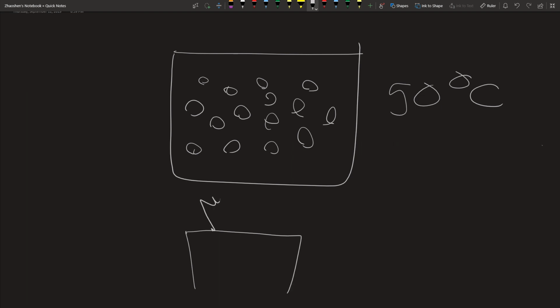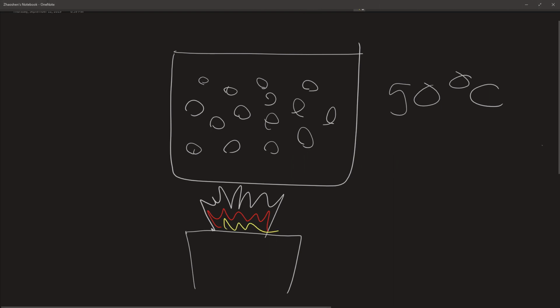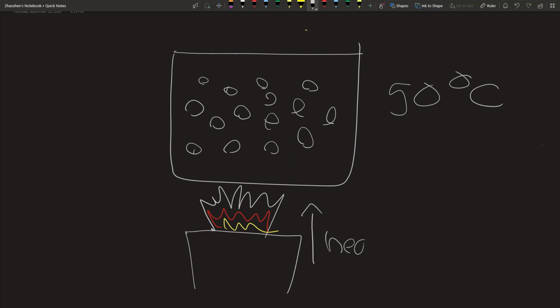I'm not an artist, but this is supposed to be a flame. Suppose this flame supplies heat to the gas or substance in question. So, when we add heat, the kinetic energy of the particles increases, and so the temperature increases.